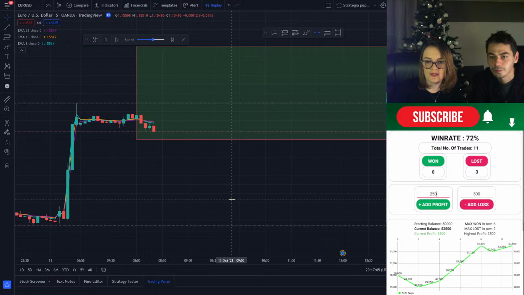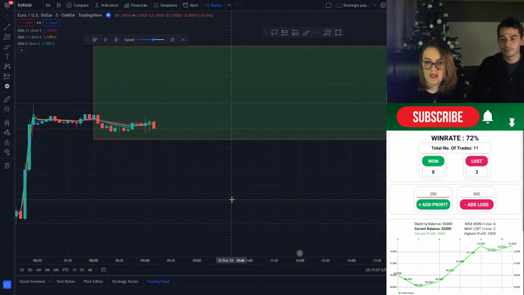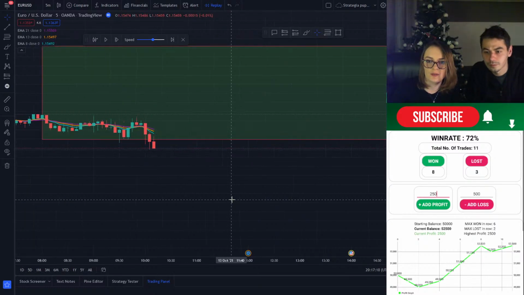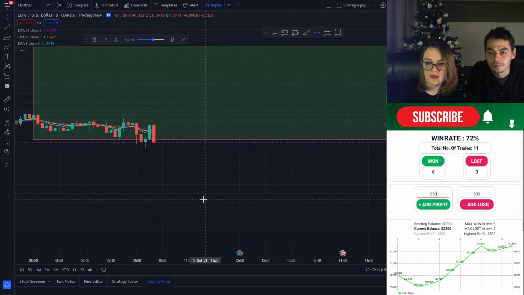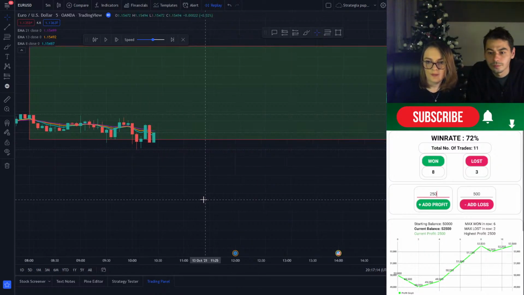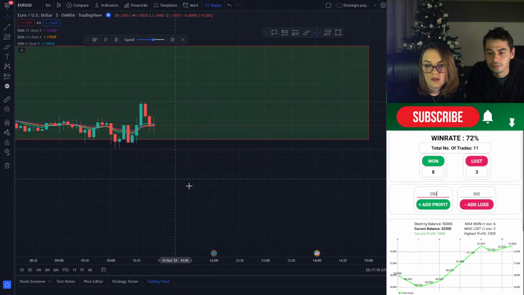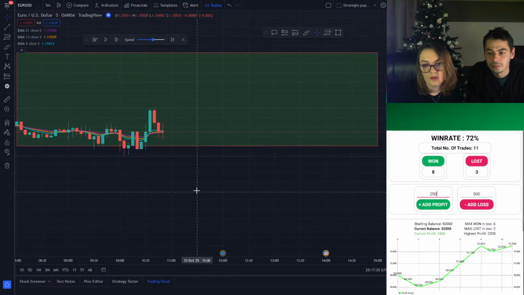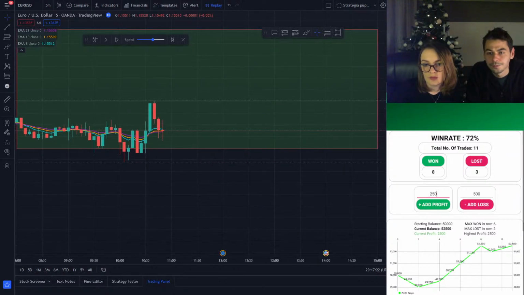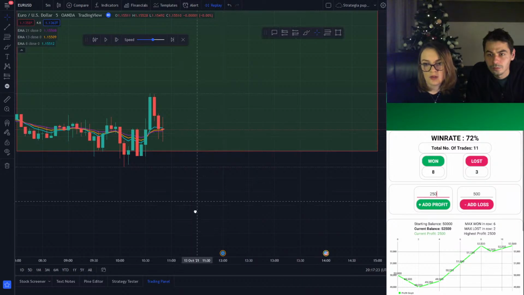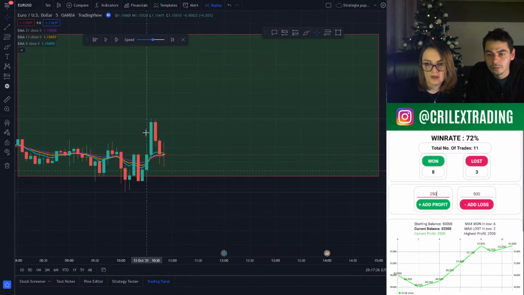Okay, so we are now in the buy zone. Let's see the candles first above these EMAs. The entry here, I think it's valid because this candle is above the EMAs.